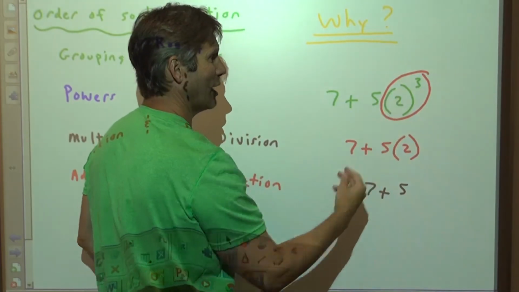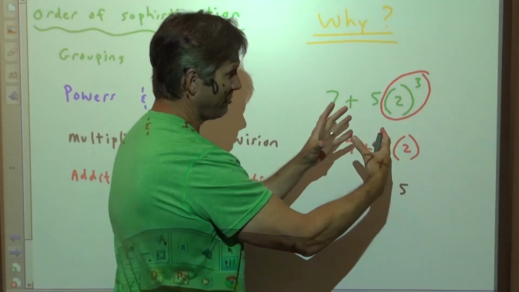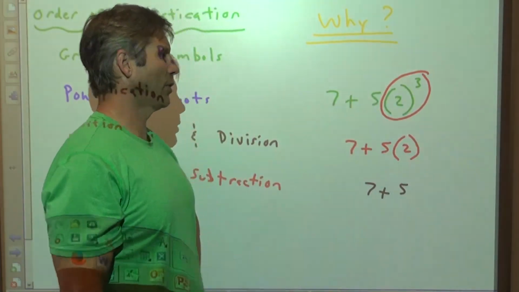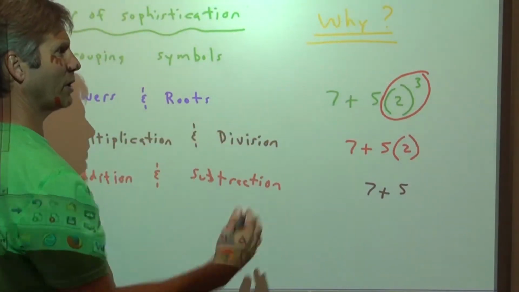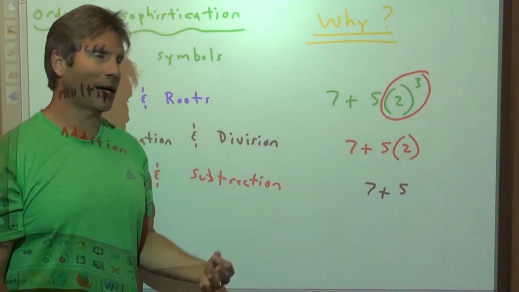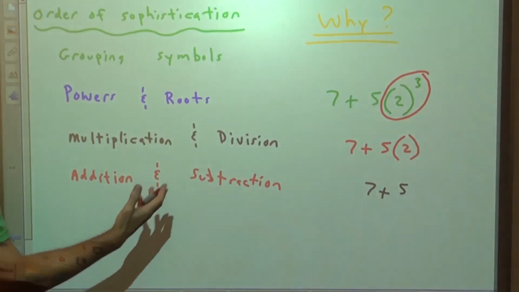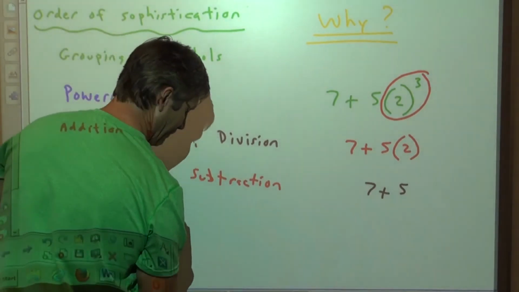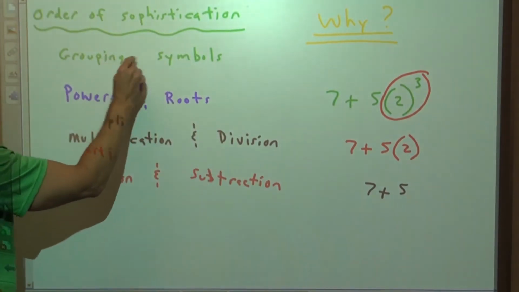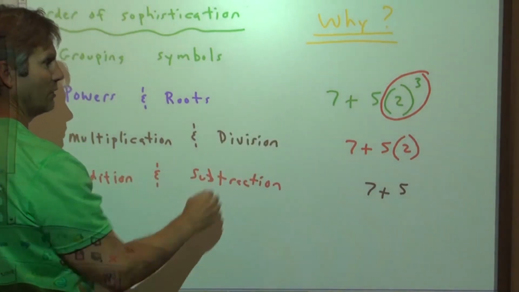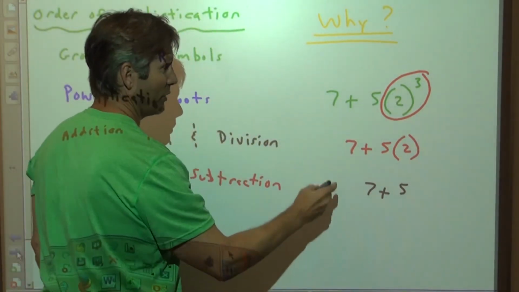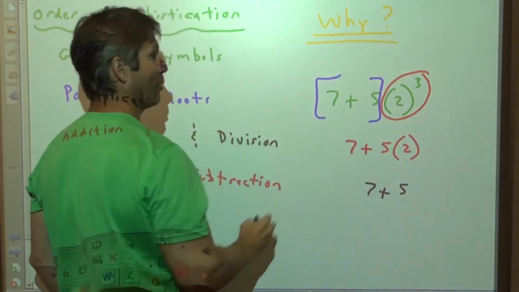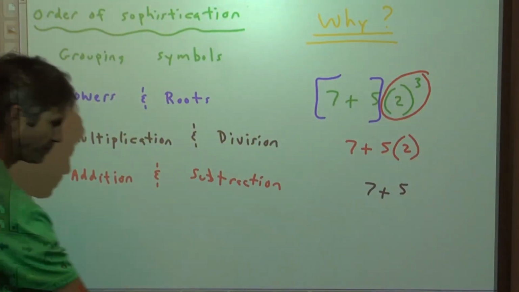There's 2 multiplication operations that are being simplified by a power. So you got to do the powers before you can do the multiplication. So it's all about looking for the more sophisticated operation, and that's why these are the orders of the operations. And you saw before that grouping symbols trump everything. So you could make sure that you even did addition here first by putting brackets around here or whatever.